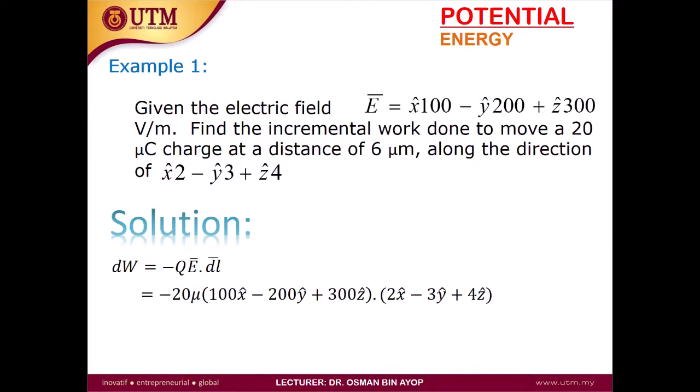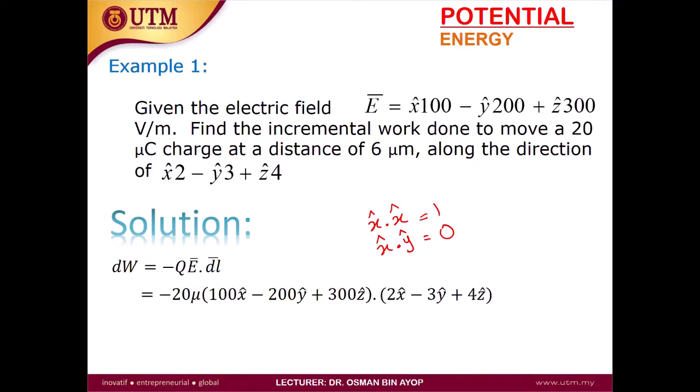So the dot product you have to remember. When we have x dot x, it is equal to 1. If x dot y, it is equal to 0. That means when the unit vectors are the same, the dot product becomes 1. If the unit vectors are different, it becomes 0. So please remember that.